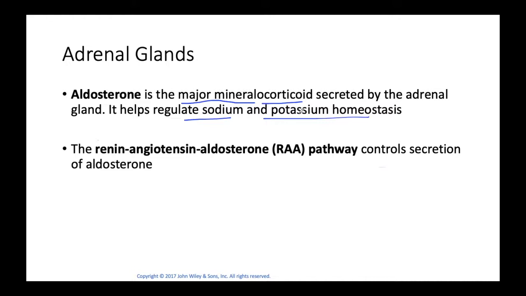So with the adrenal glands, we're going to talk about the renin, angiotensin, aldosterone pathway. Sometimes it's called the RAAS, the renin, angiotensin, aldosterone system. When we look at these words, the first few letters of renin are "ren", for renal, so this involves the kidney.